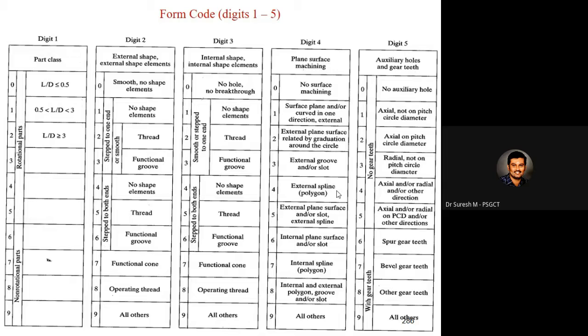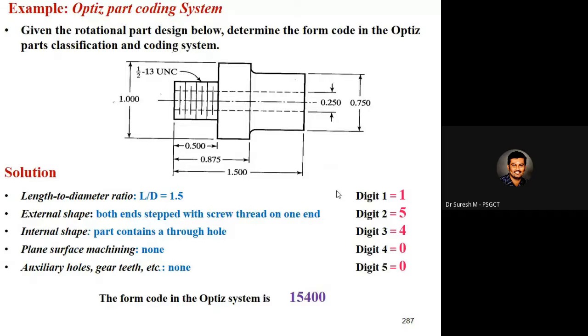And these are the form codes. For this kind of product, there is a thread and there is a deep hole, so based on that, we form a code. Length to diameter ratio is 1.5, so digit 1. External shape is both ends stepped with screw thread on one end, so that is digit 2.